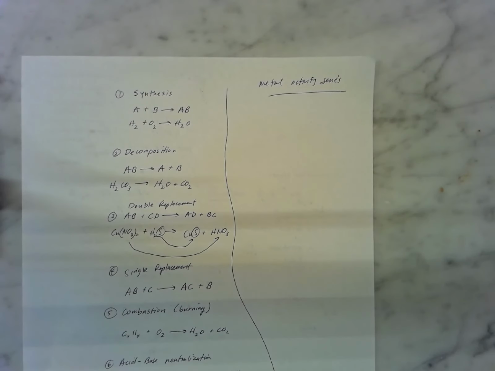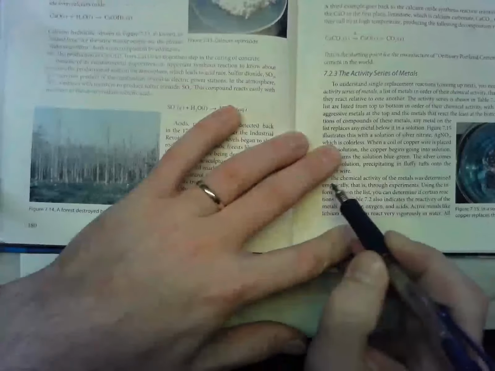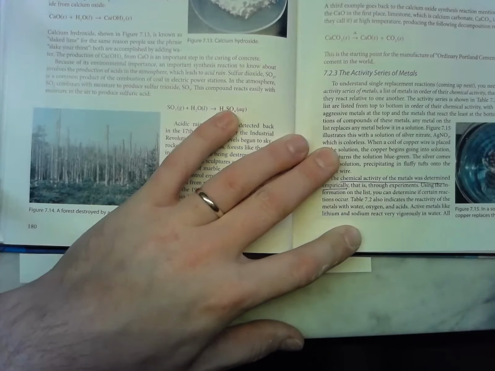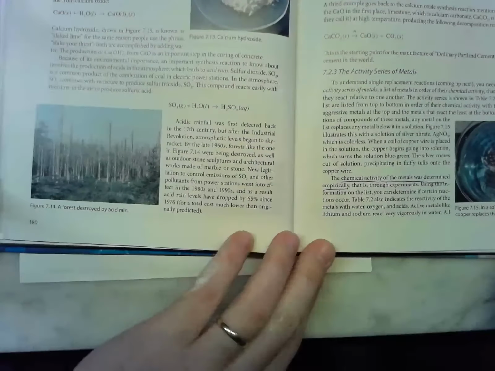Okay, in certain situations. All right, and this is key right here. Chemical activity of the metals was determined empirically. All right, what does that mean? It means they didn't know either when they were doing this, and they just did experiment after experiment and then got them all in order.